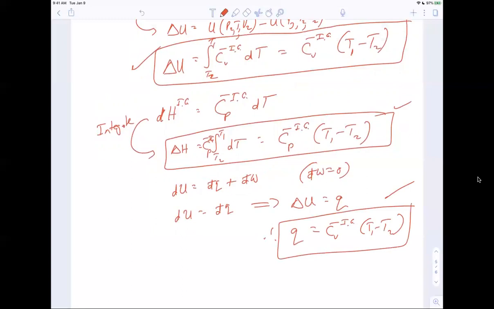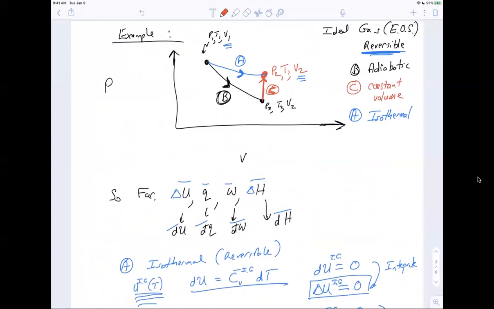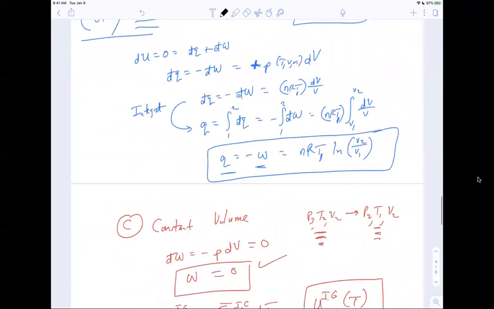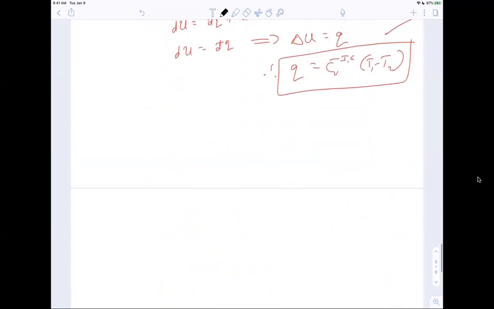Okay, and so that now leaves us with what? The adiabatic process B. Now we're going to look at the adiabatic process where it goes from T1 V1 to P3 T2 V2, and that's adiabatic and reversible. So process B, adiabatic and reversible for an ideal gas.